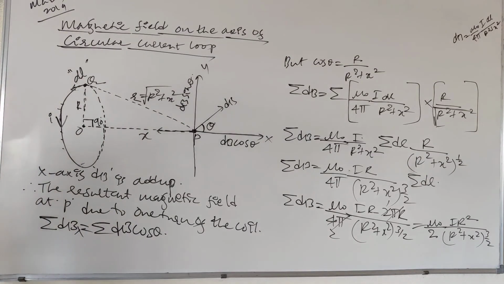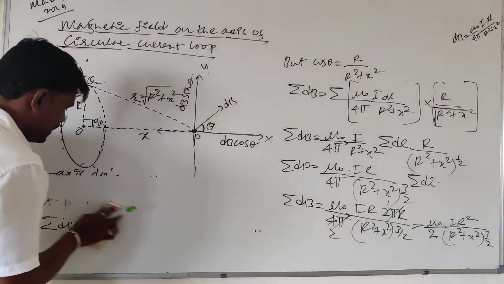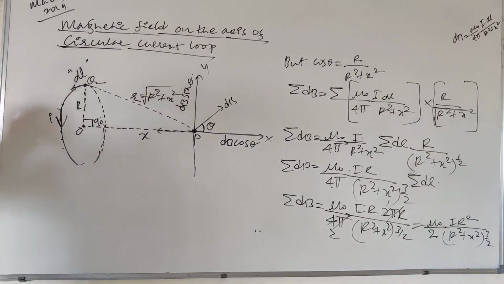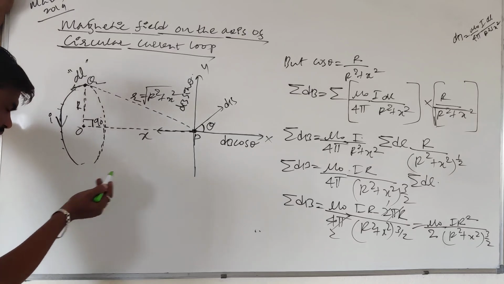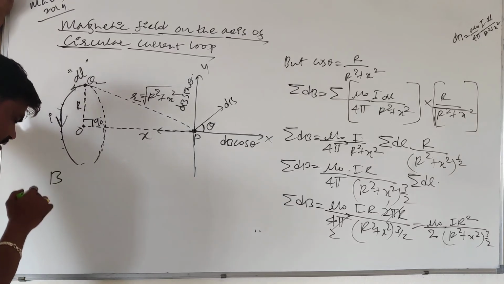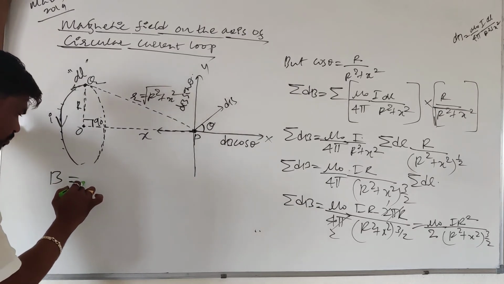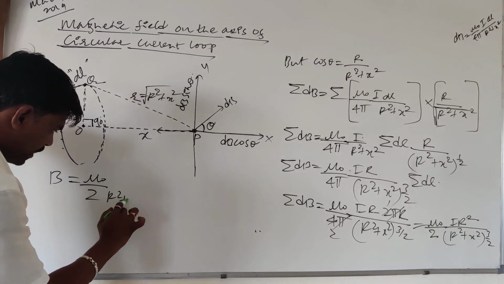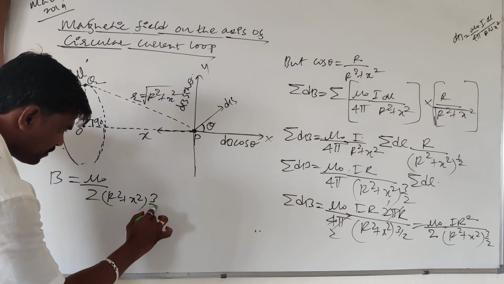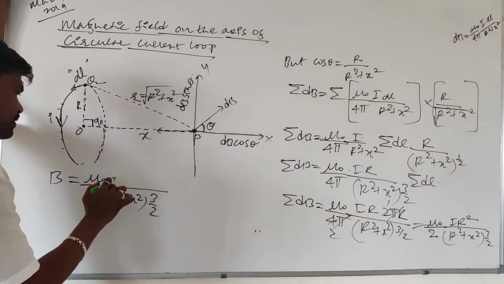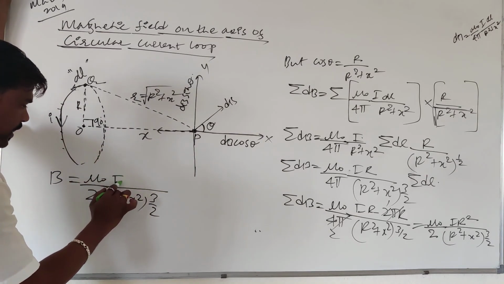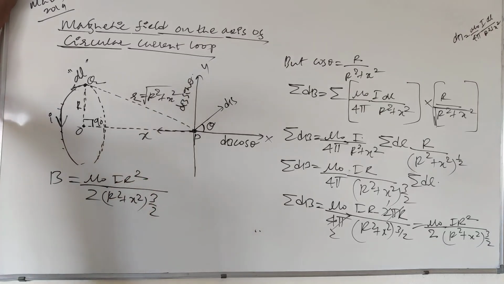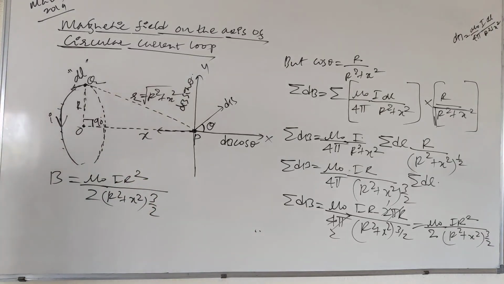If we write the final equation, the summation of dB becomes mu naught divided by 2, I R square divided by R square plus x square raised to 3 by 2.